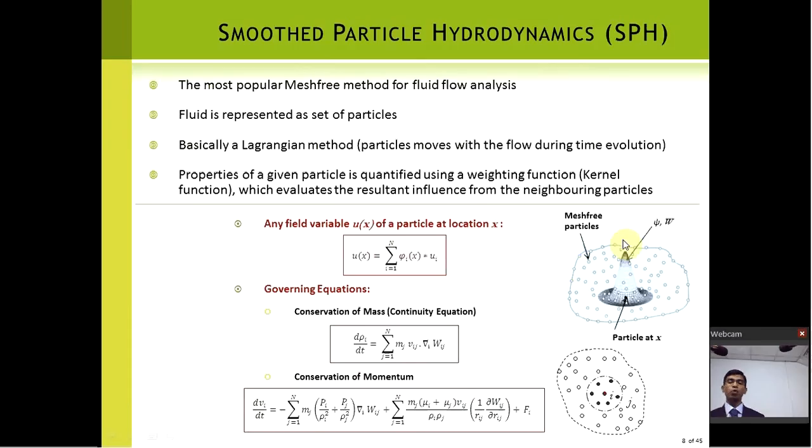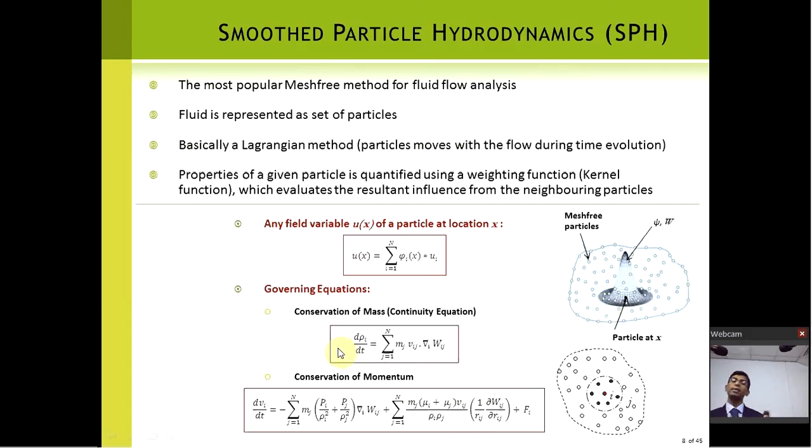For instance, to model a domain, we put some particles, apply some mathematics, and use an influencing function to get the properties at a given point. To calculate pressure at a point, we do some averaging using a function called the kernel function.